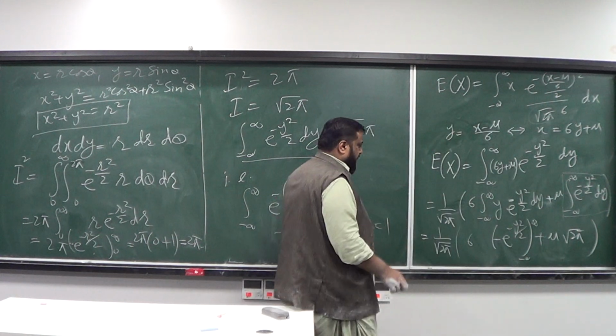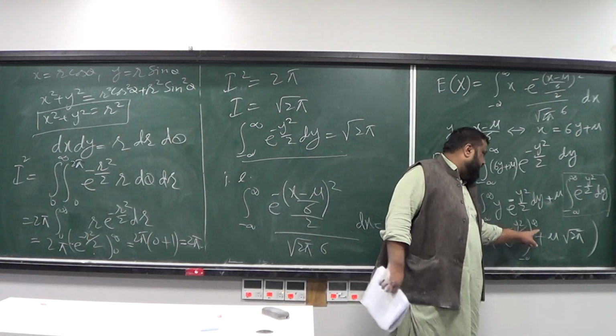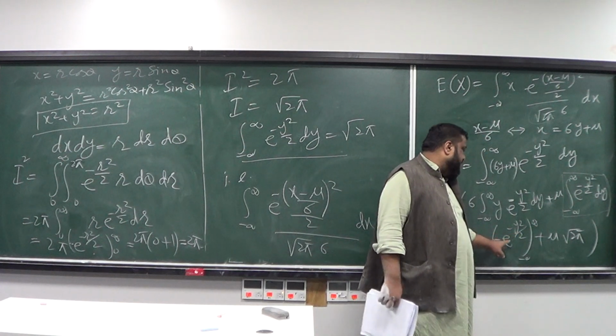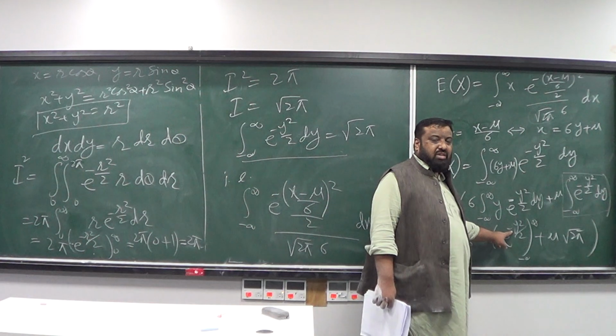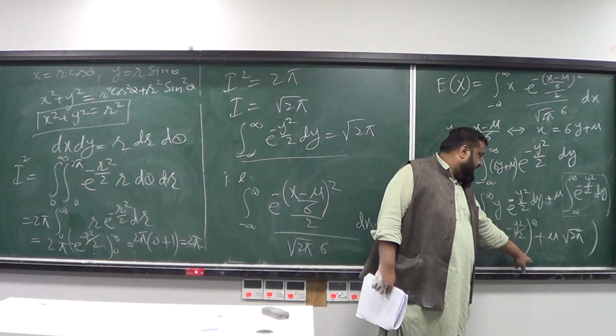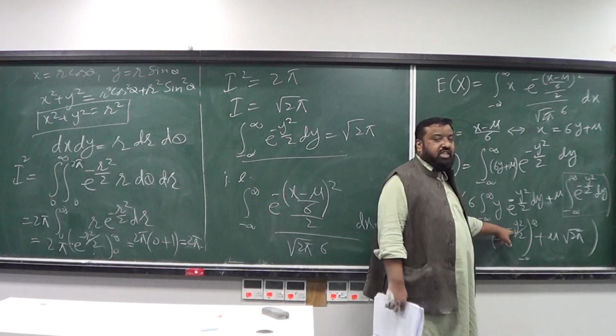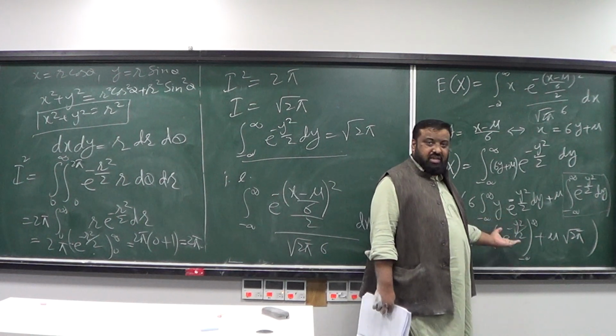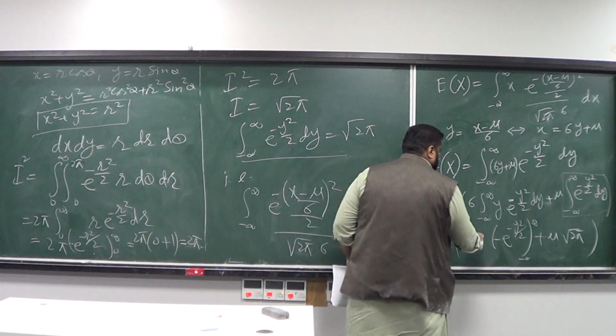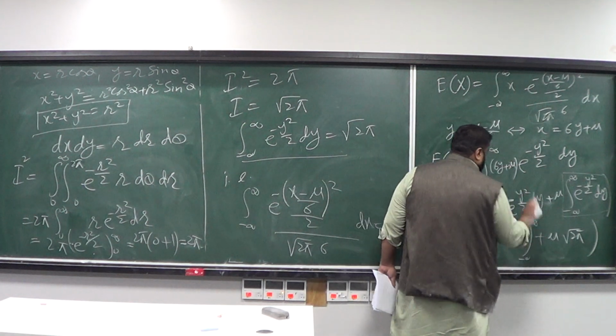Okay? So let's substitute the limits. Infinity will make this e to the minus infinity, so it is going to be 0. And if you substitute minus infinity, it's still e to the minus infinity, so it's going to be 0 again. So the first term goes to 0.